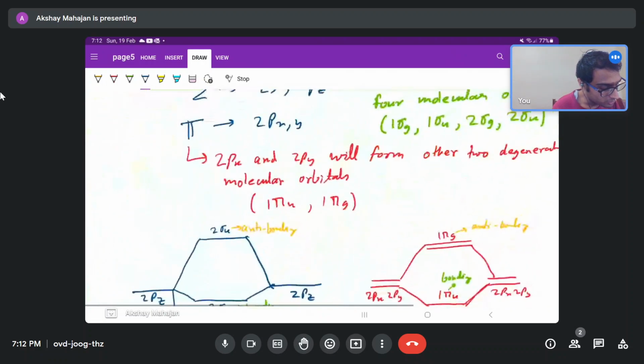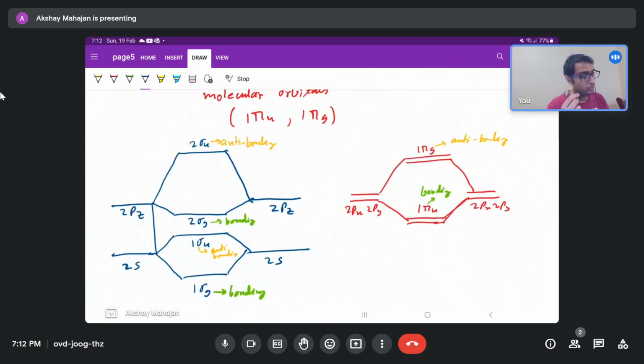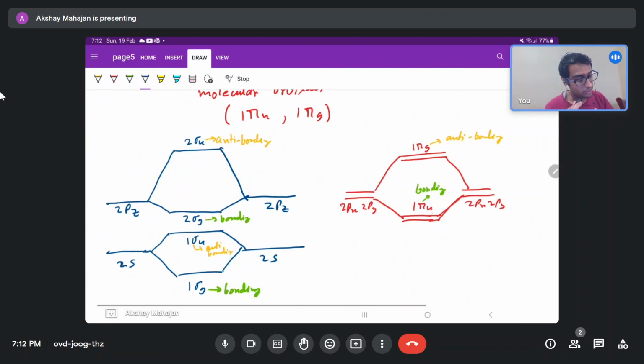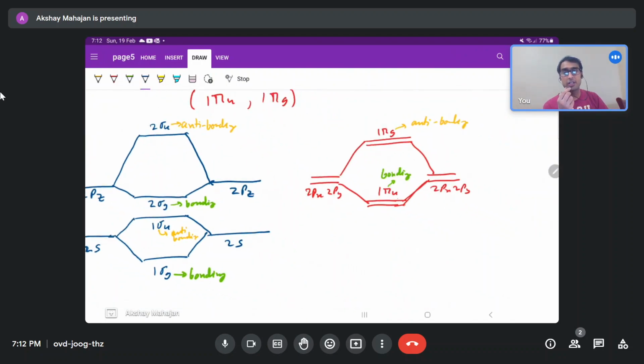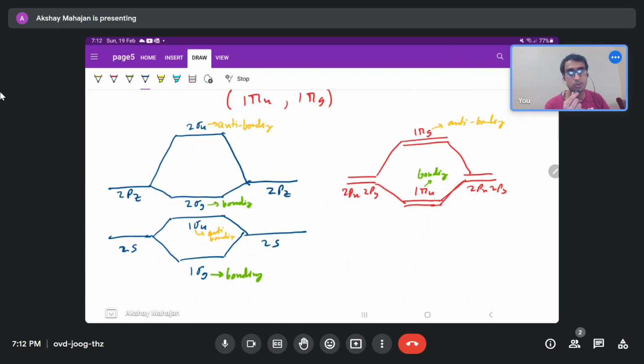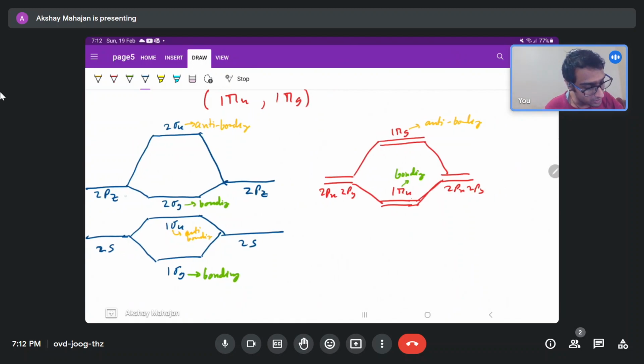So when I drew it at the start, the sigma g and sigma u have the contribution mostly from the 2s orbitals, but in reality they will have contributions from others too. This 2s will have contribution here as well, and similarly this 2s will have contribution here as well.